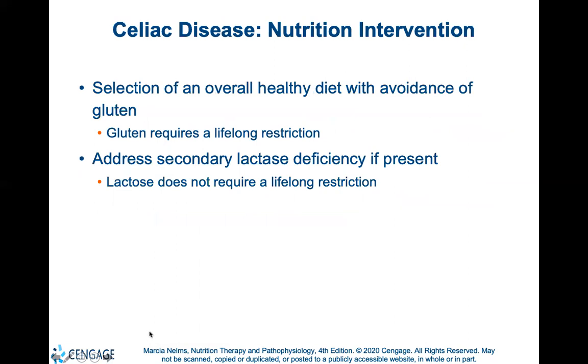Selection of an overall healthy diet with avoidance of gluten. Gluten requires a lifelong restriction. Address secondary lactase deficiency if present. So if the person is lactose intolerant, you have to address that. Lactose does not require a lifelong restriction. It's just when there's a flare up, most times, that the lactose has to be restricted. It just depends on the client.